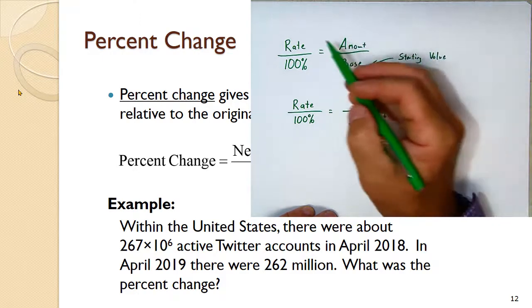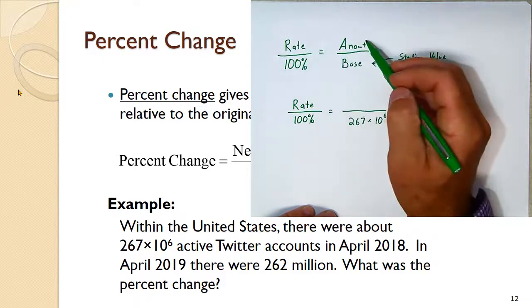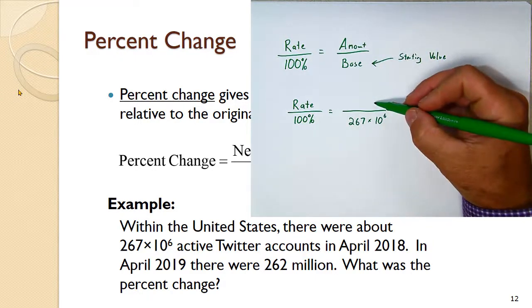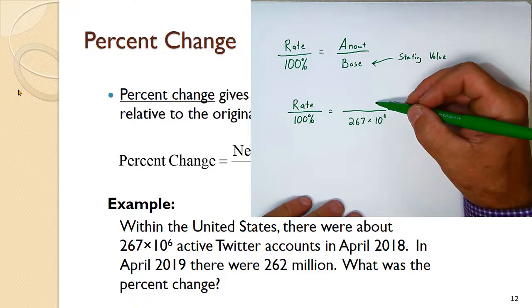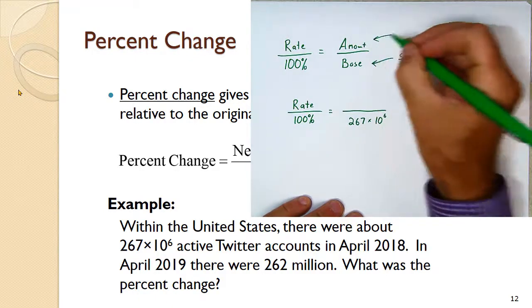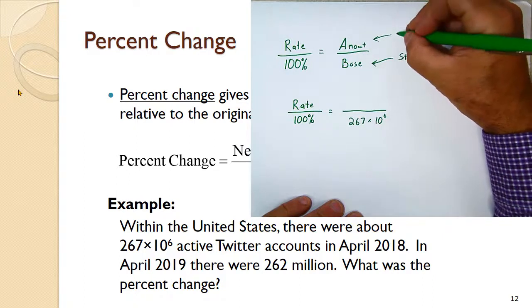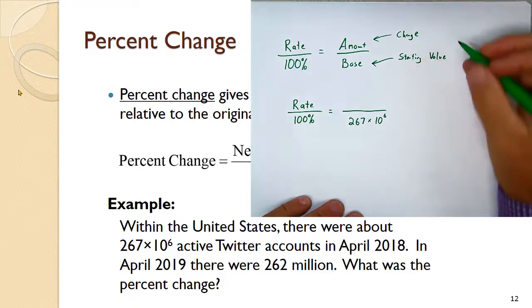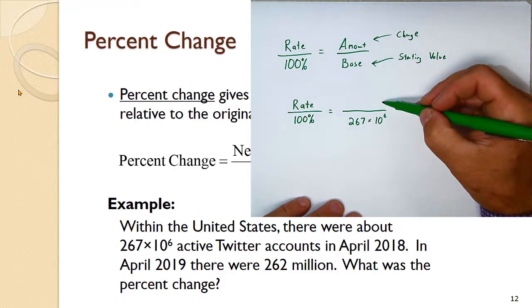Now, if we're trying to find the percent change, the amount should be the amount of the change. It's tempting to put 262 million in there, and you could, but a better approach is to say the amount of the change is the amount in our proportion.